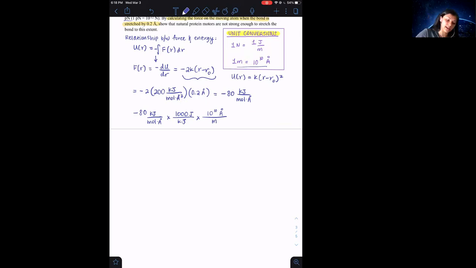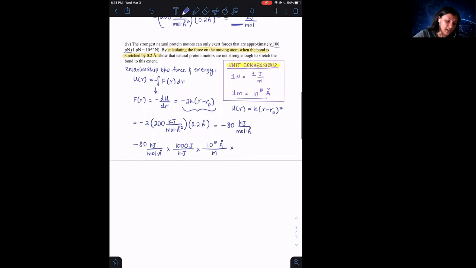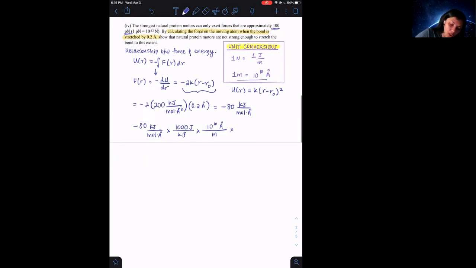10. And then finally, since we are given the force per molecule of this protein motor, we also want a per molecule instead of per mole value. So 1 mole is equal to 6.022 times 10 to the 23rd molecules. And that is now going to give us a value of force in joules per meter, or newtons.